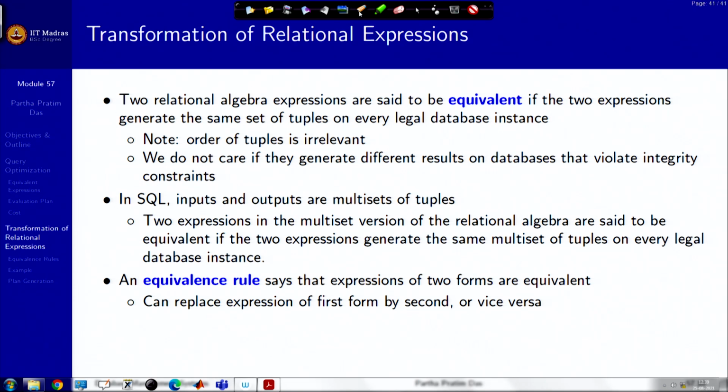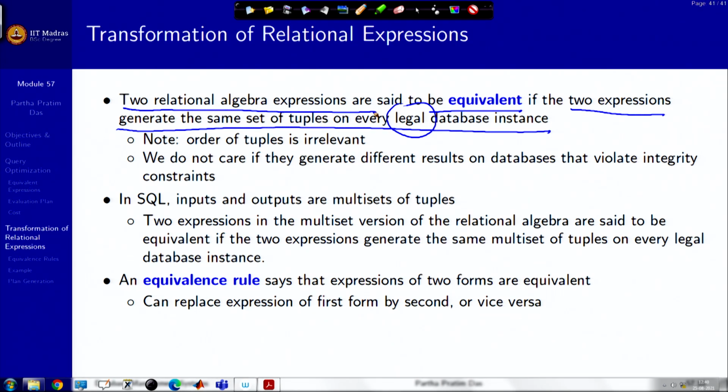So, two relational algebra expressions are called equivalent if the two expressions generate the same set of tuples on all legal database instances, right. Only then they will be equivalent, that is, if they always generate the same output for every legal database instance. This term is important. Now, do keep in mind that the order of tuples in a relation in general is not important.